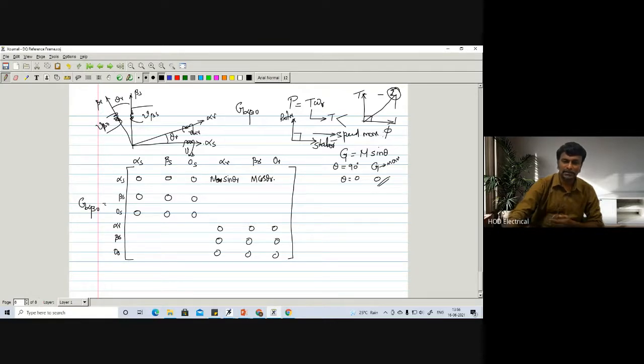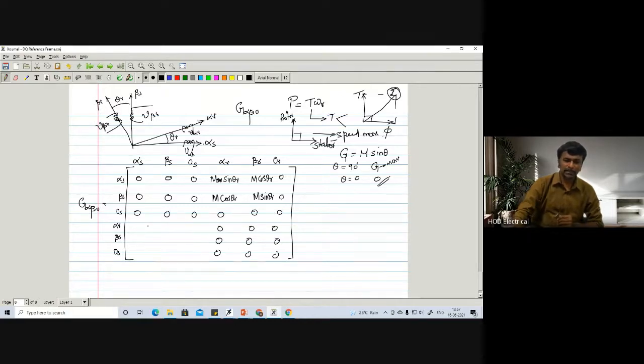Then alpha S theta, there is no contribution with this 0 axis, since this is balanced. Then beta s alpha r, sine of 90 minus theta. Sine of 90 minus theta we can write as m into cos theta r. Then beta s is here and beta r is here, so we can write m into sin theta r, then it will be 0, 0, 0.